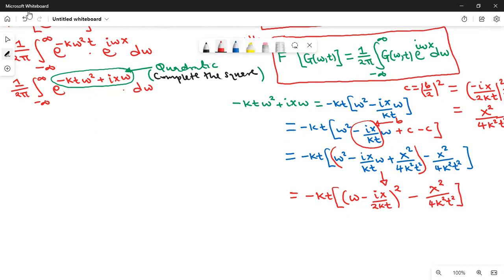If I take this negative kt inside, how can it be written?